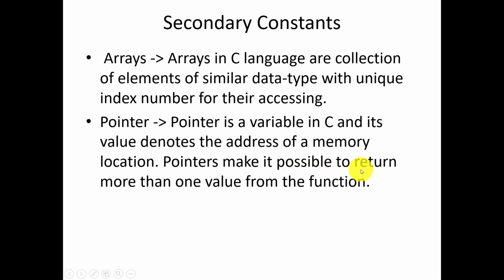So it is related to returning more than one value from a function, because it holds an address or memory location. This comes under the tokens called secondary tokens or secondary constants.